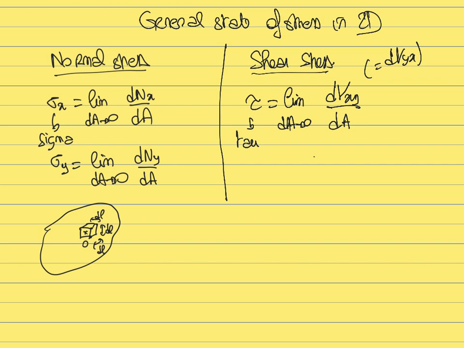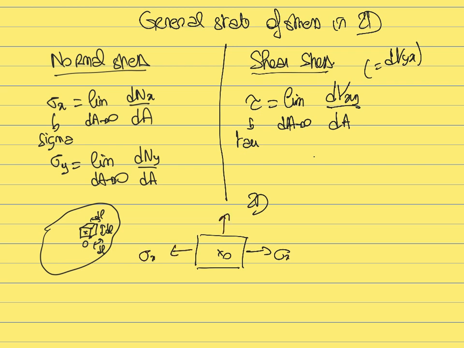One way to summarize this is that if you have a small 2D system like this, and you define at a given point a very small square like this, you will have 3 types of stress that matter. If I'm asking you to calculate the state of stress at a given point, you need to calculate the value of sigma x, that's the normal stress.